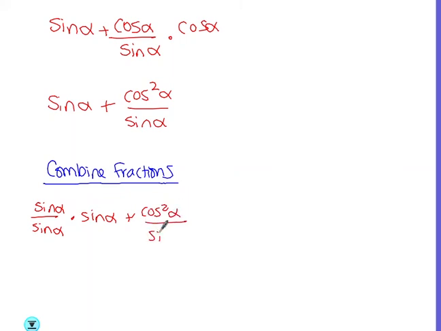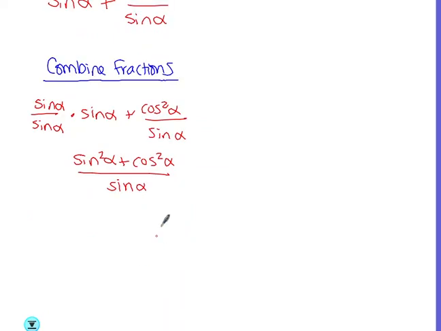So then I'll end up with sine squared of alpha plus cosine squared of alpha over sine of alpha. Well, sine squared alpha plus cosine squared alpha is one of our Pythagorean identities, and that is equal to 1. So I have 1 over sine of alpha. And then we know that 1 over sine of alpha is equal to cosecant alpha.